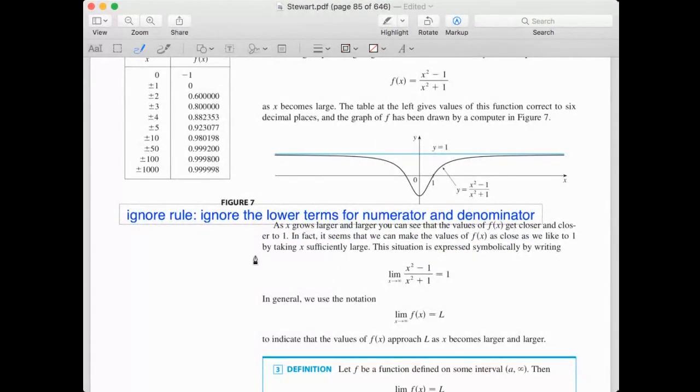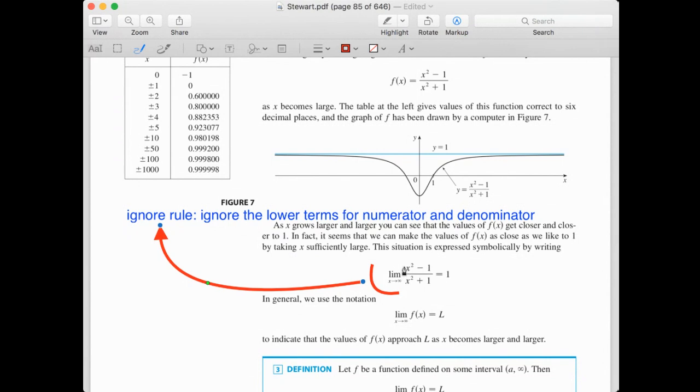Okay, so this is for limit approaches infinity or negative infinity. So when x approaches infinity or negative infinity, we apply ignore rule. Ignore rule is saying just take the leading term of the numerator. Ignore the lower terms.